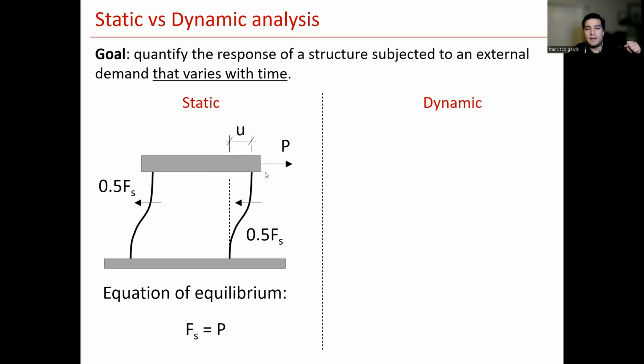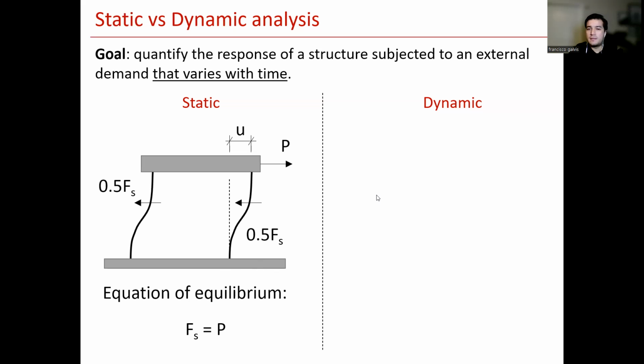If you have a static load applied on the top, on that one degree of freedom, pushing the structure to the right, you have one displacement, denoted here with U, and the only forces counteracting that external force are those developed in these two columns. That Fs is the force of the structure that goes against the external force, and the equation of equilibrium in that one unique degree of freedom is very simple: the internal forces of the structure equal the external forces applied to the structure.